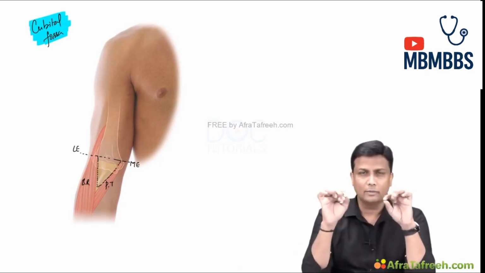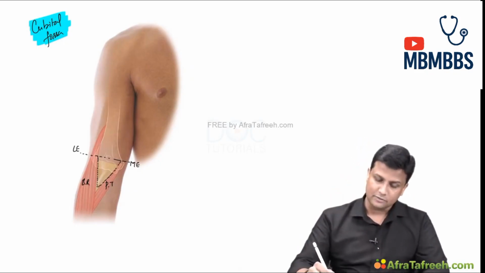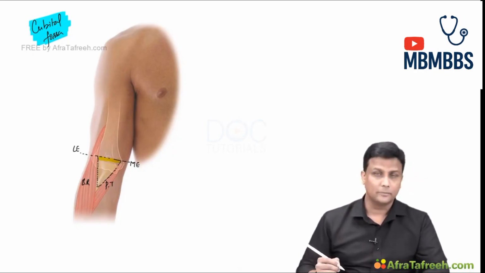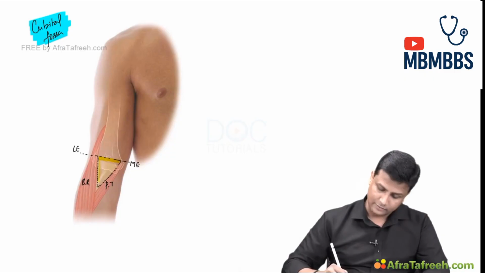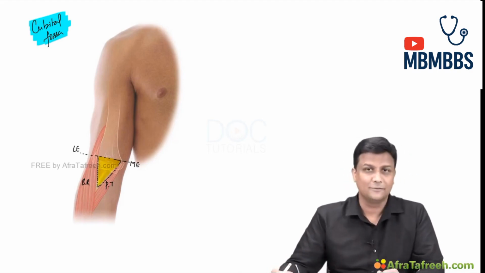So those are the exact boundaries of cubital fossa. I repeat again, the base is formed by an imaginary line joining the lateral and medial epicondyle. Laterally you will have the brachioradialis muscle, and medially the pronator teres muscle. Between them you will find the cubital fossa.